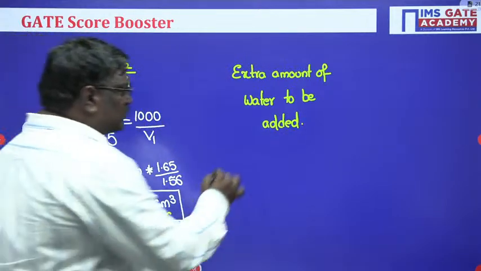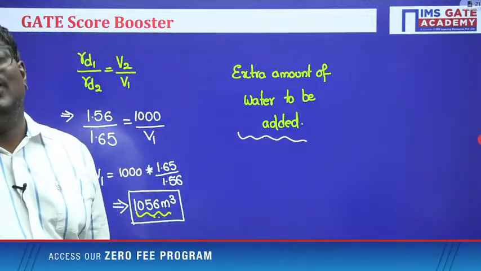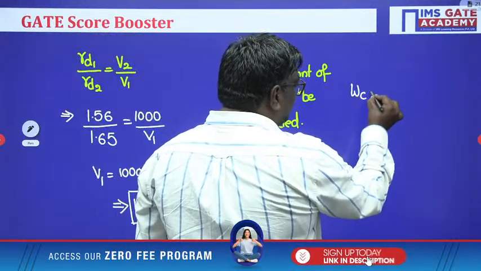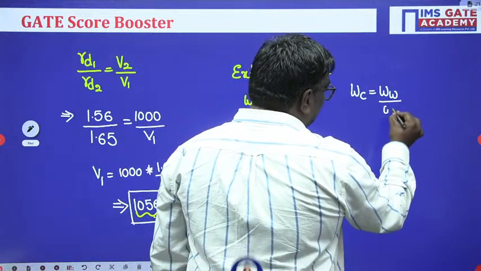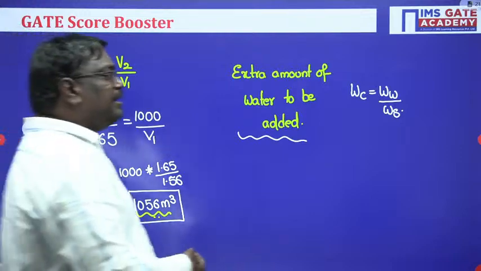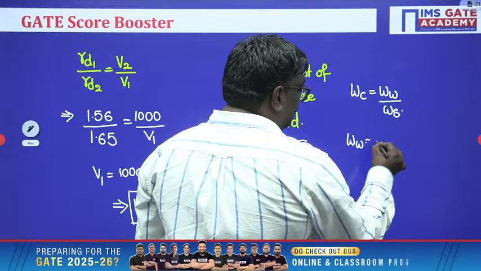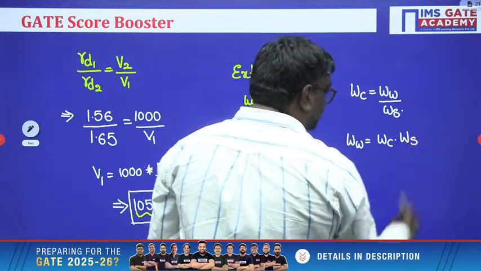Now, my dear students, based on this, he is asking what is the weight of water. You know what water content is? Weight of water by weight of solids. Agree? Now, what will be the weight of water here? Weight of water is equal to water content into weight of solids.